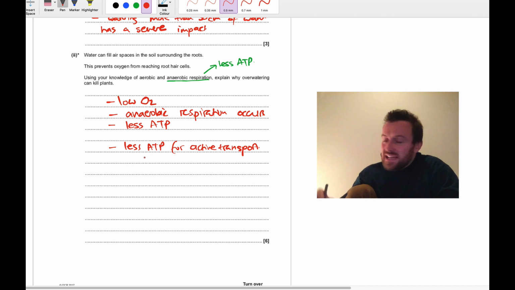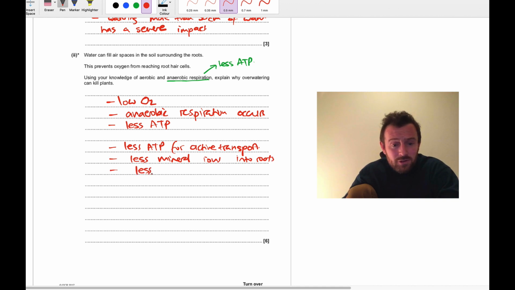So if we have less ATP for active transport, we can have fewer mineral ions into the roots. And paradoxically, therefore, we can have less, not more, water moving in via osmosis.